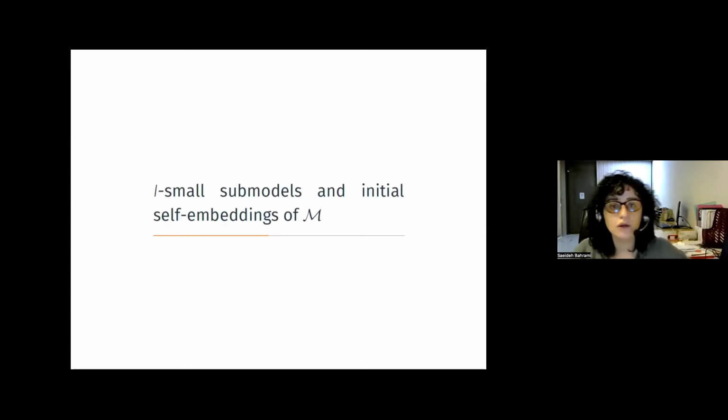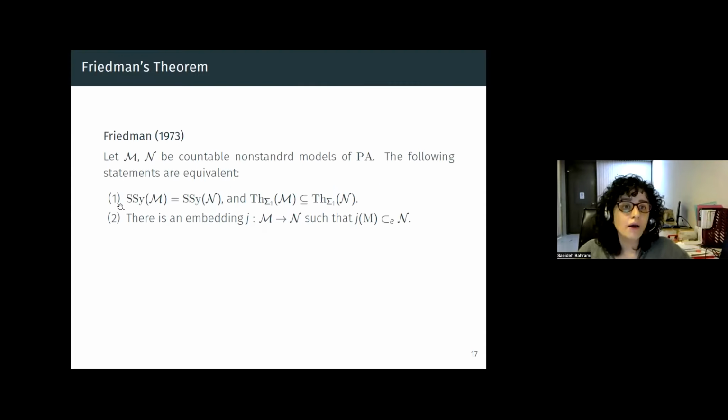Now let's see the generalization of these theorems for initial self-embeddings. First, let me say what I mean by an initial embedding.